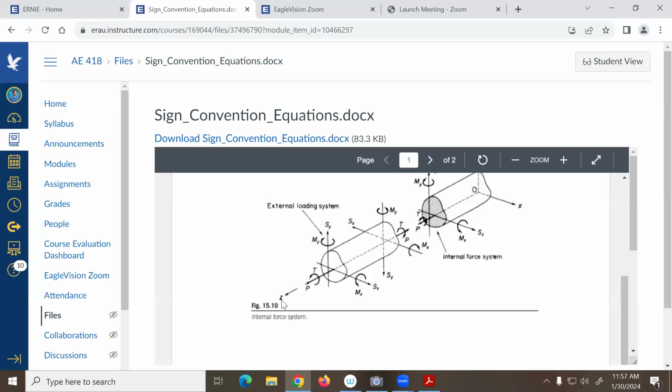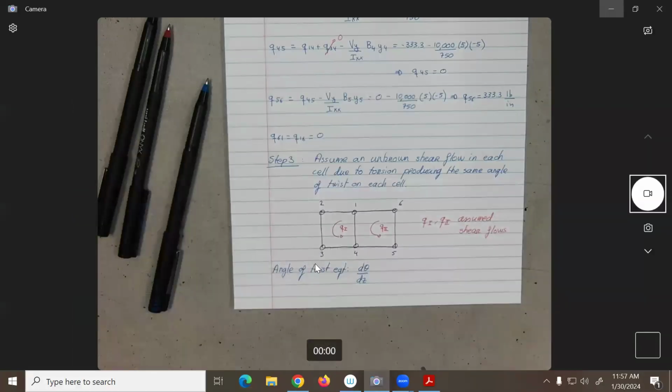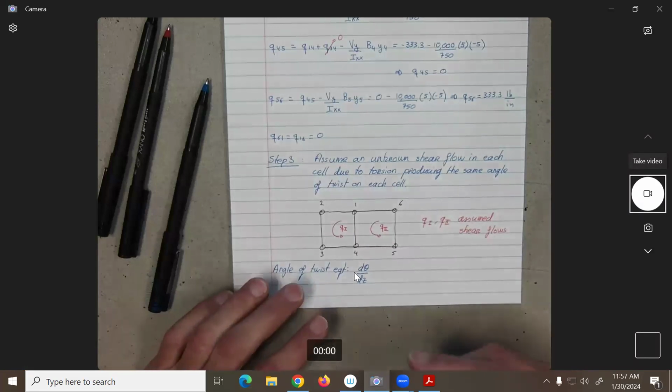Z, no? But maybe you study with dx. I think Radosta uses dx, so be careful with those things. All right, so d theta dz, the angle of twist, the rest of the equation should not change.